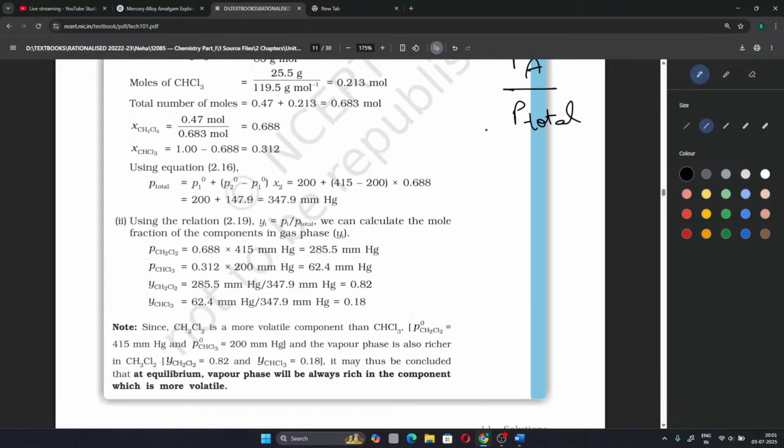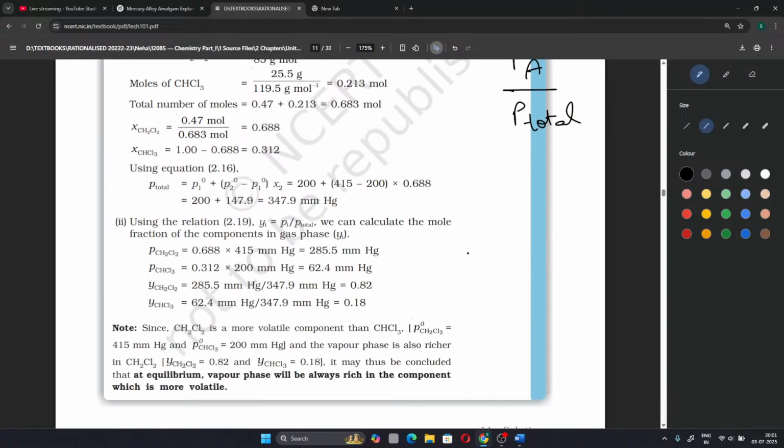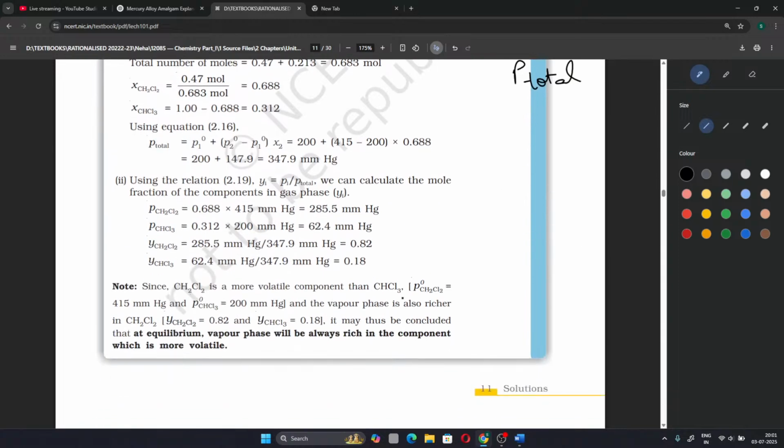I know that we have taken more dichloromethane and less chloroform, but it is less than double the amount, and still the difference in the partial pressure is more than 2 times.